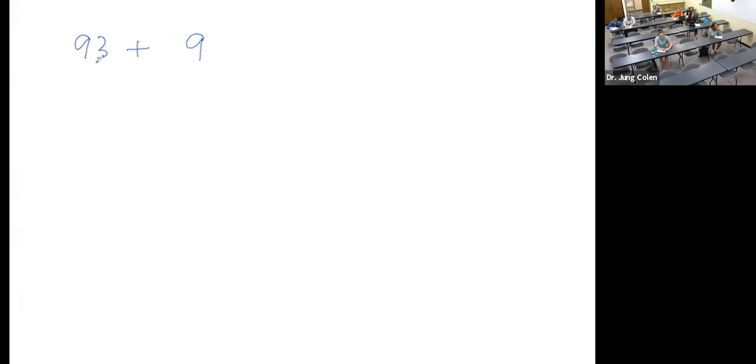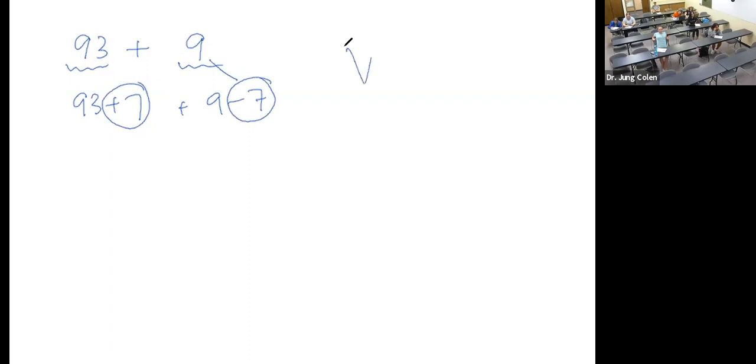One of the easiest ways to solve this one, well, you can add 93 by 7, then you take away 7 from 9. Remember to compensate that? So we added one number to one of the addends, then we had to subtract the same amount from the other addend in addition. Compare that with this situation, 93 minus 9.